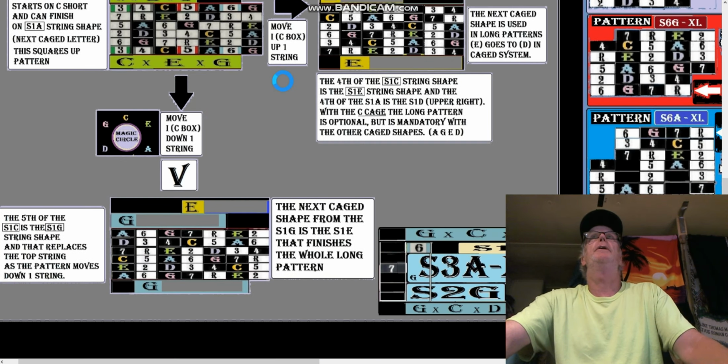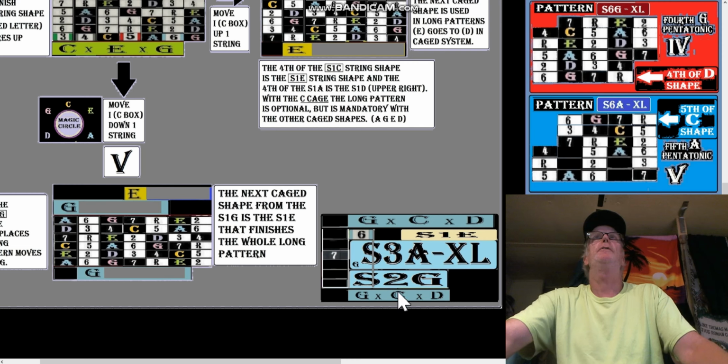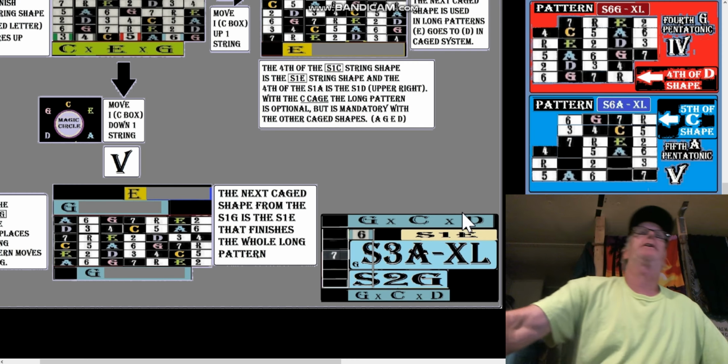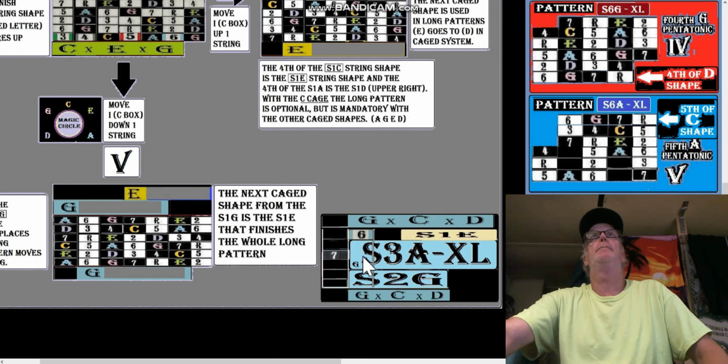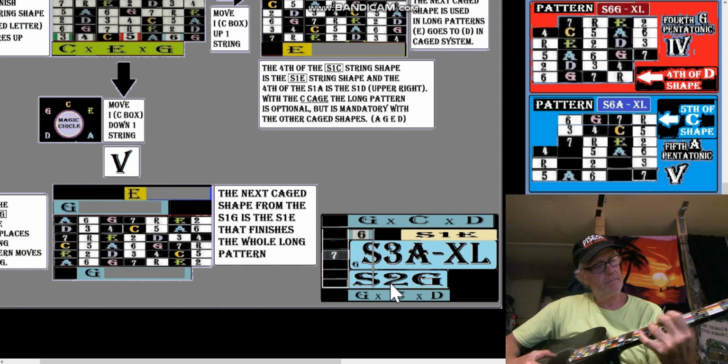So when we look at the fifth, we could always play the fifth in its particular pentatonic. So you start with a C here.